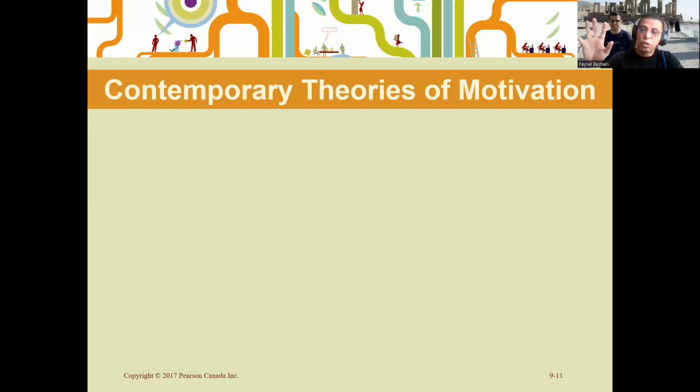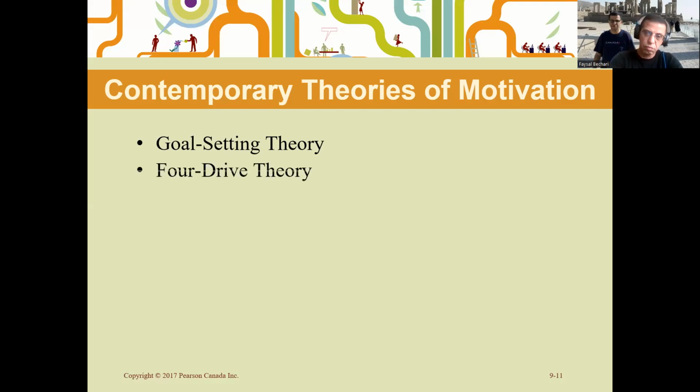We're done with the old, classic ones. Let's look at the contemporary theories of motivation. The contemporary theories include the goal setting theory, the four drive theory, the equity theory, and the expectancy theory.